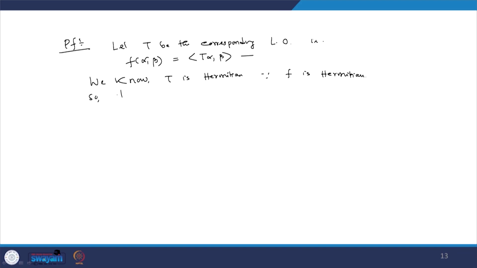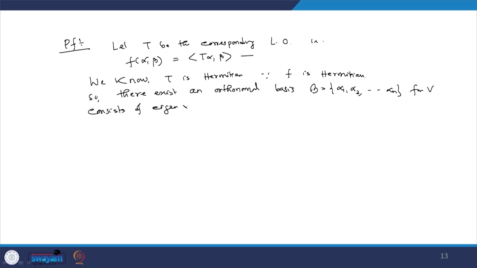So, there exists an orthonormal basis B equal to alpha 1, alpha 2, ..., alpha n for V consisting of eigenvectors of T. That is, there exist n scalars c1, c2, ..., cn such that T of alpha i equals ci alpha i.